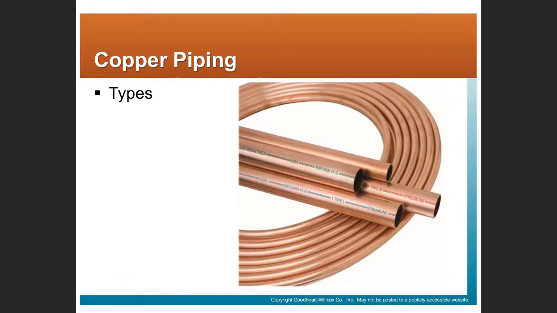Again, here's some pictures. You see the different colors on the side, the type L, type M, and type K. So copper pipe is going to look the same, but it'll have different wall thicknesses, and so indicated by the print and color on the side of the pipe.